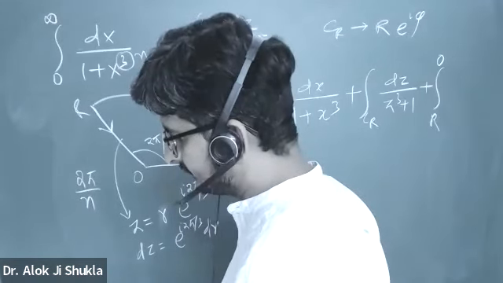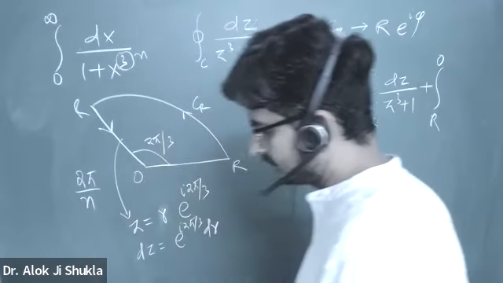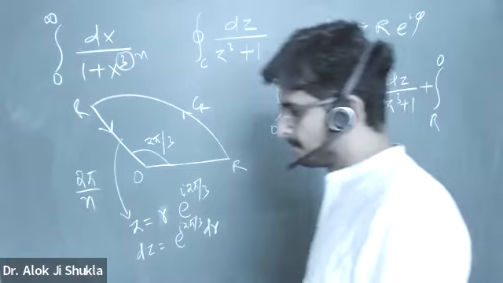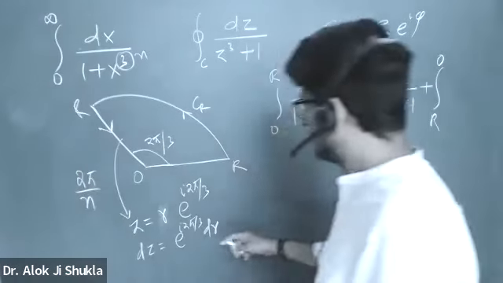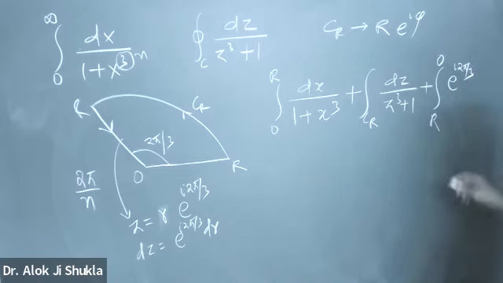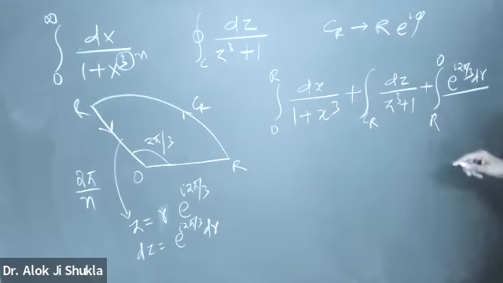So this will be R to 0, and then e to the power i 2 pi by 3 dr upon, put the value of z, R cube plus 1.